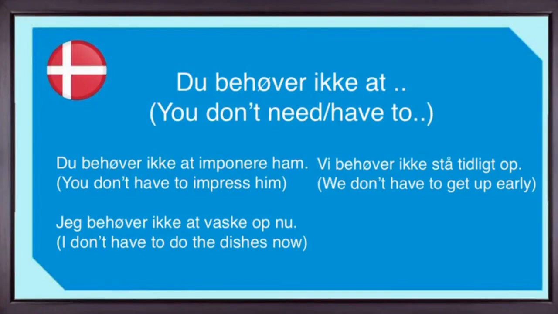Jeg behøver ikke at vaske op nu. I don't have to do the dishes now. Right? Could be later. So behøver ikke is like don't have to. Vi behøver ikke stå tidligt op. We don't have to get up early. Okay.